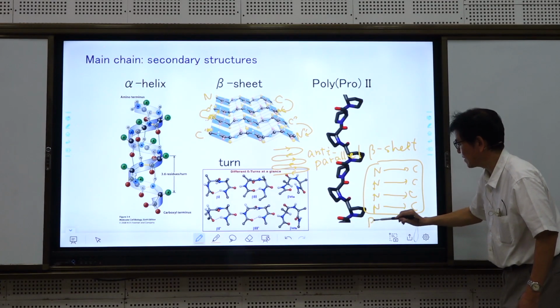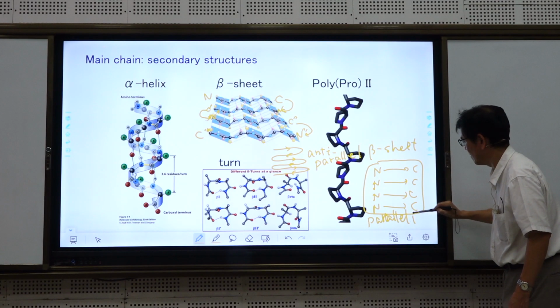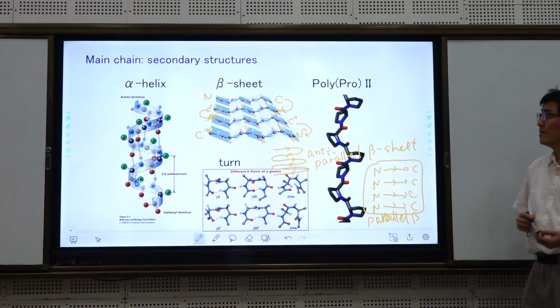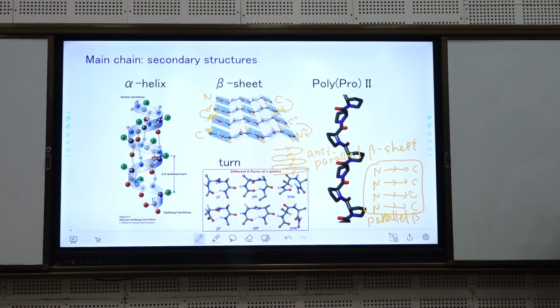This is the so-called parallel beta, because it's parallel. Okay? There are two kinds of beta sheet structures.